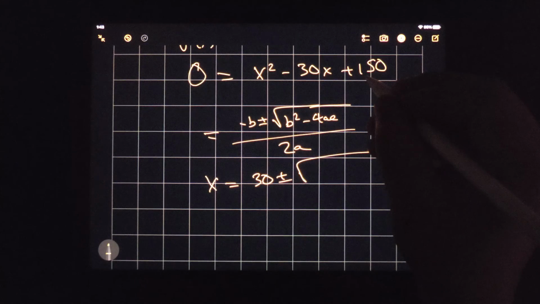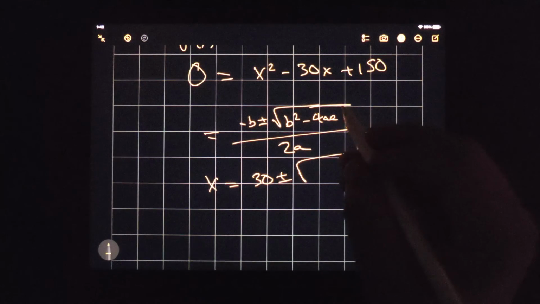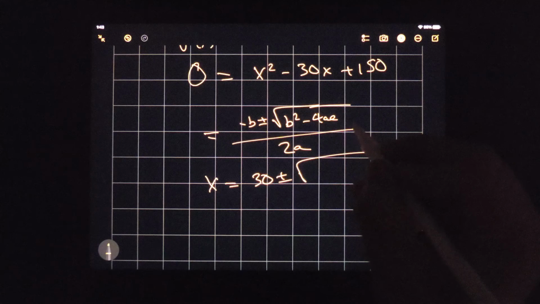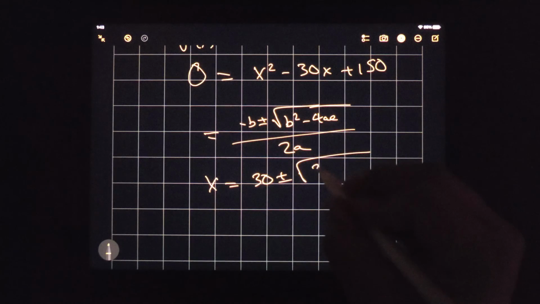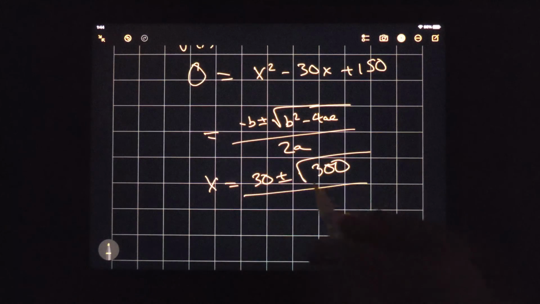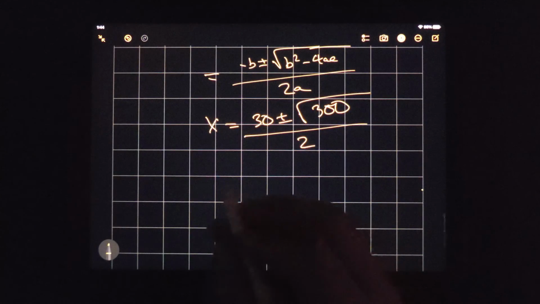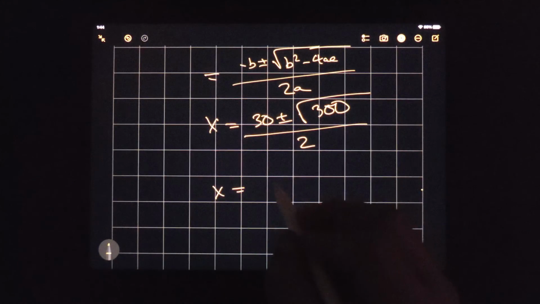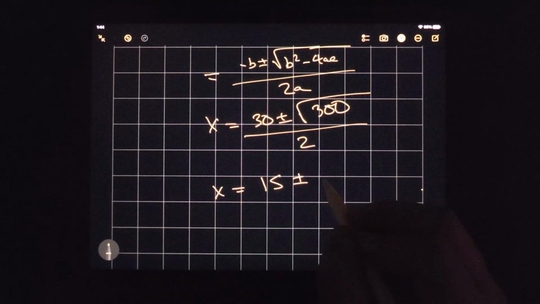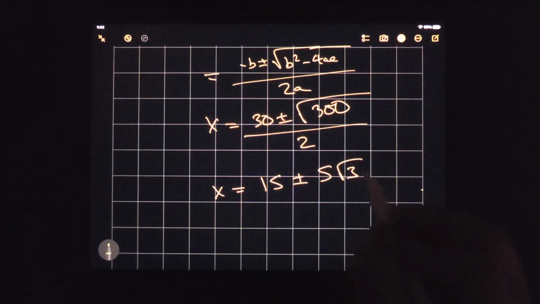That should give me 600. 900 minus 600 should give me 300, over 2 times a, which is 2. So I'm left with x equals 15 plus or minus 5√3.